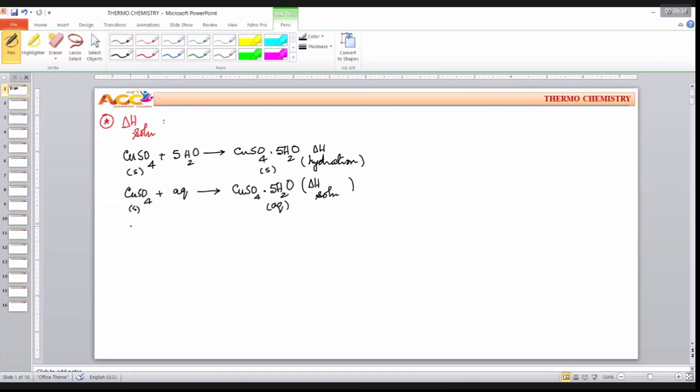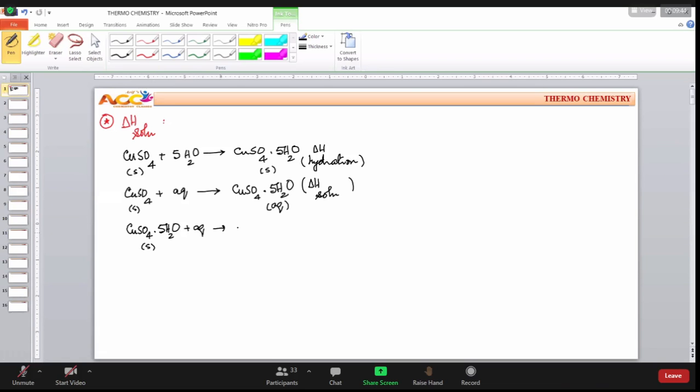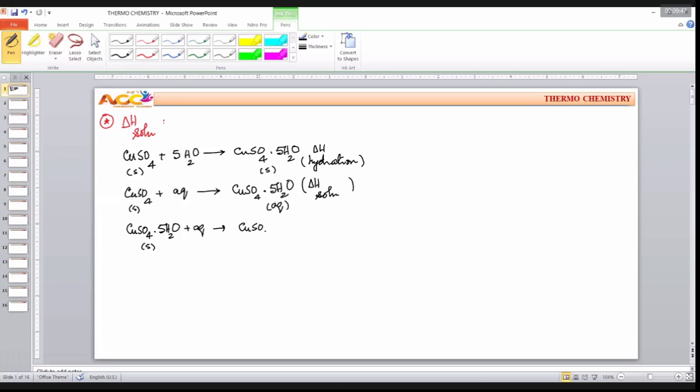Suppose, for example, I say copper sulfate dot 5H2O, and if I write here aq, then copper sulfate dot 5H2O aq. What is this? It is the enthalpy of hydration of anhydrous copper sulfate.